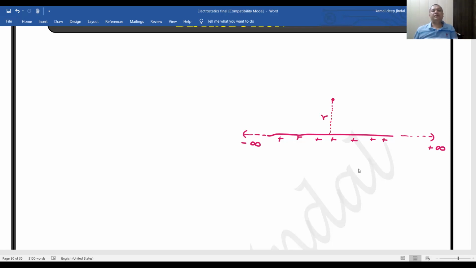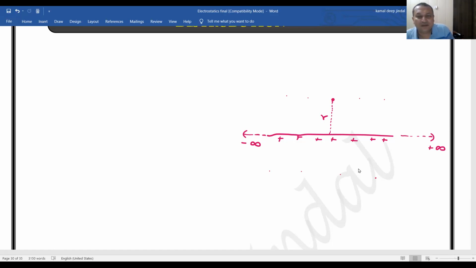Right? You have to find out electric field on this point. This point P can lie anywhere. This can be here, this can be here, this can be here. It will make a cylinder type surface. So our distance can be anywhere.